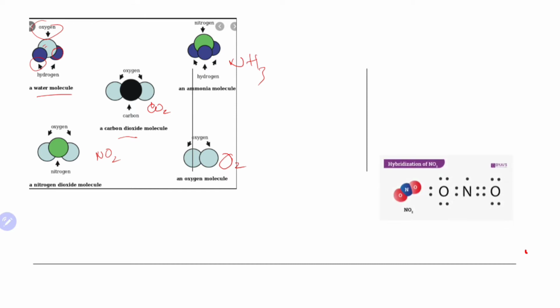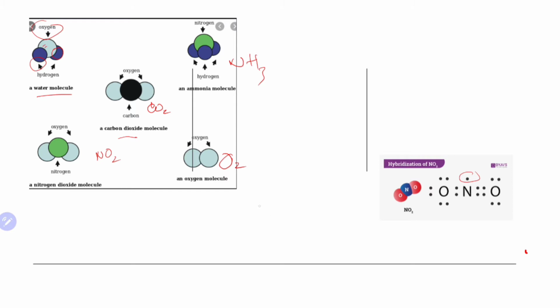You have NO2. Why NO2 has one single electron? So this is a radical. That's a very aggressive molecule.